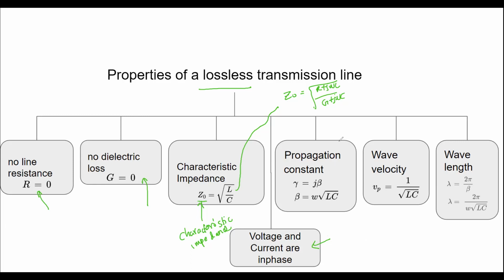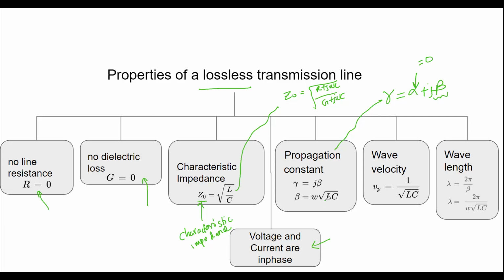And then we have the propagation constant. I mentioned that it is given by gamma, and it is normally equal to alpha plus j beta, right? In lossless transmission lines, the alpha component is 0 and only the j beta component remains, because the attenuation is 0 in lossless transmission lines. The attenuation constant will be 0.